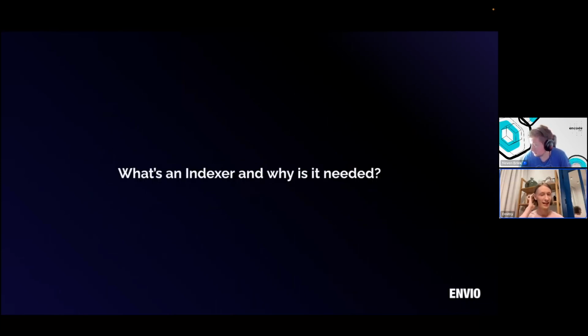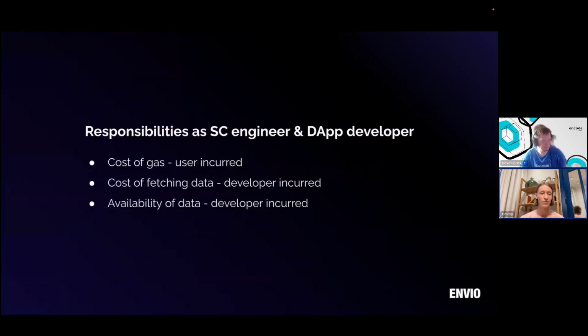What's an indexer and why is it needed? For us as smart contract engineers or app developers, there are quite heavy responsibilities because we need to care about the cost of gas, so our users don't pay huge fees to simply use our contract. Also, we need to think about how we can consume the data of our contract to build nice UIs.